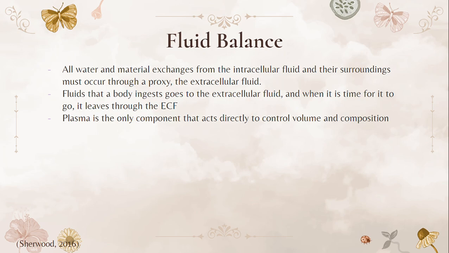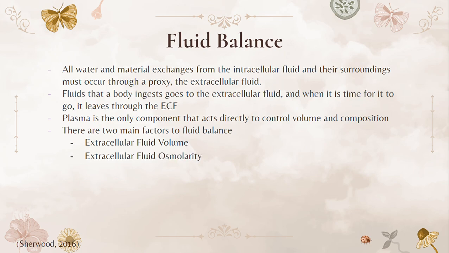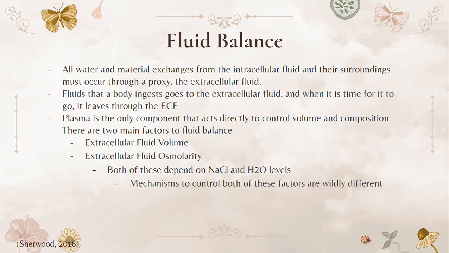Plasma is the only component of these that can act to control its volume and composition. There are two main factors that affect fluid balance: extracellular fluid volume and extracellular fluid osmolarity. Both of these factors depend on salts, NaCl, and water levels.